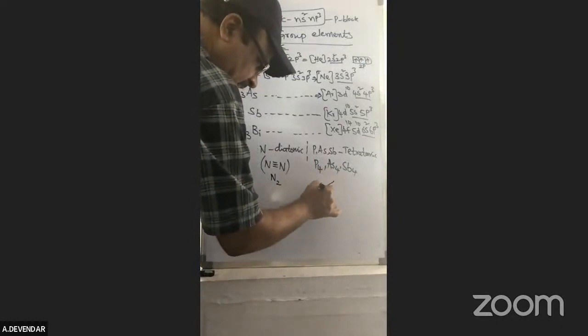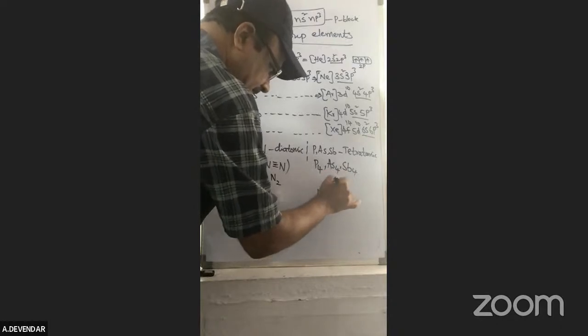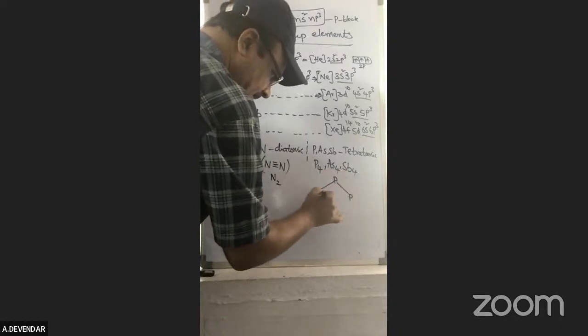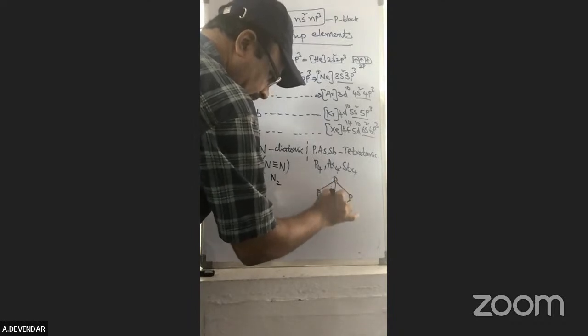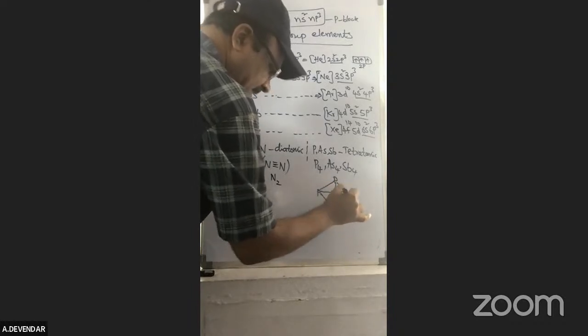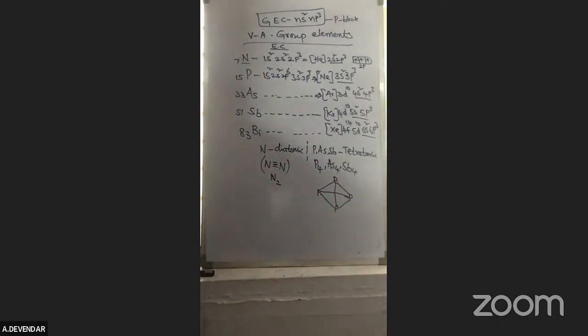See the structure of phosphorus, the bond is like this. This is the phosphorus P4 structure. We get the same for arsenic. This is the general information about the 5A group elements. Okay, coming to the hydrides.